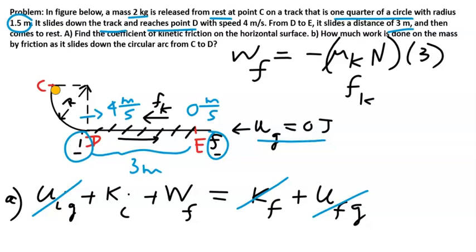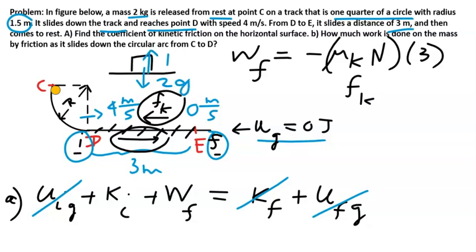Now, why is it negative? Because friction is to the left, displacement is to the right. Now, note that the normal force is quite simply the weight, 2 times gravity, and the normal force equals the weight in this case.